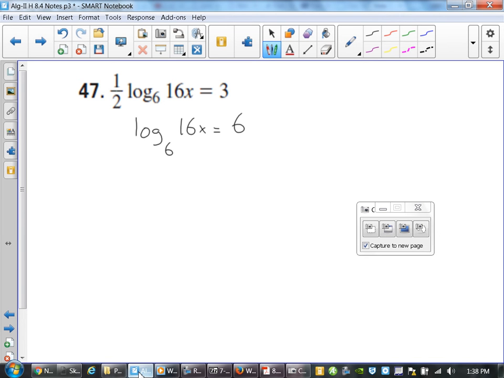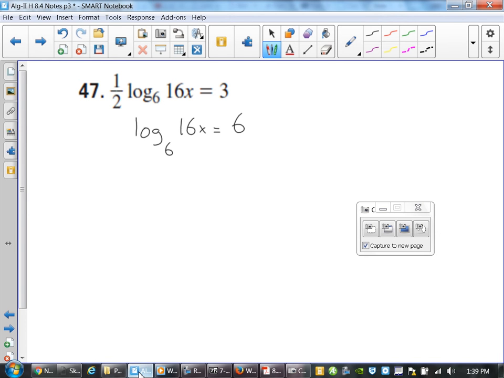Now, to undo a logarithm, I'd have to use one of the properties, or figure out a way to get rid of the base. Well, how would I get rid of that base? Just like I was showing a second ago, if you do log base b of b to the x, the exponent would drop. Or if you take b to the log base b of x, since those two bases are the same, it would drop.